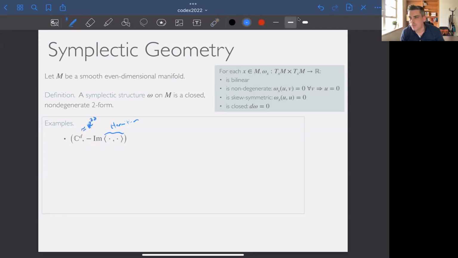Taking negative imaginary part also seems pretty natural. If I'm in, say, R^2 equals C, what is that? I plug in two vectors and take the negative imaginary part of their Hermitian inner product. What does that end up doing? It's like the signed area of this parallelogram.